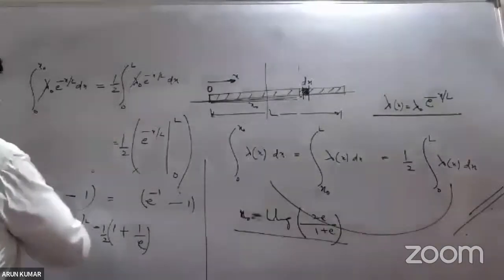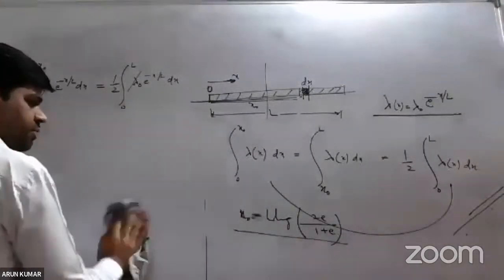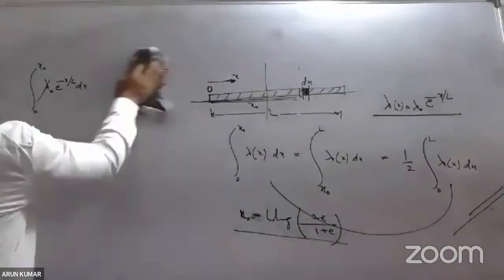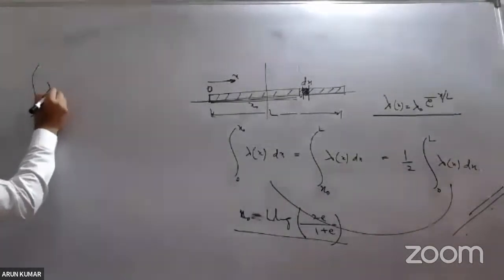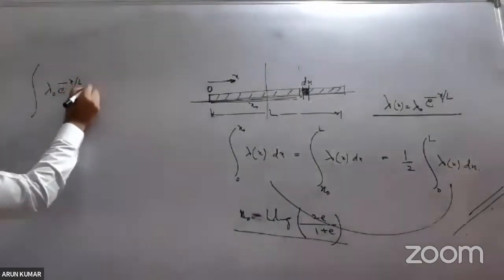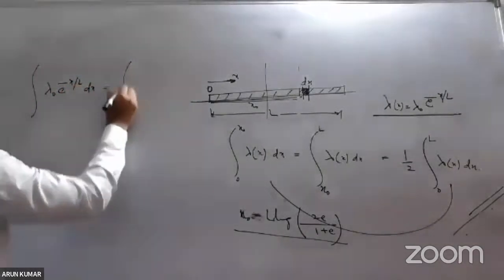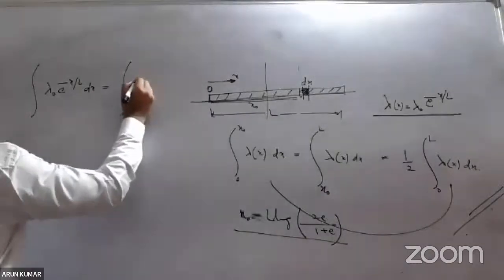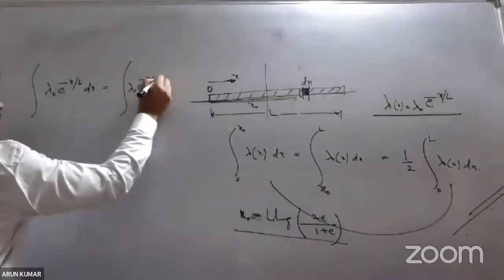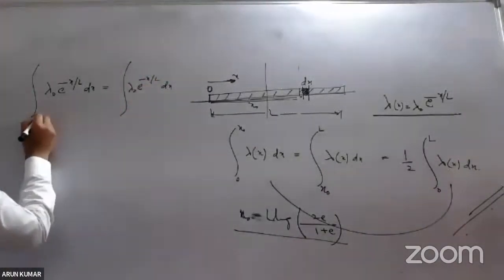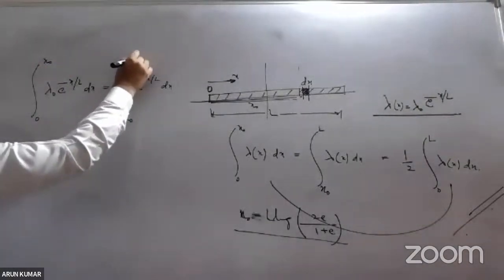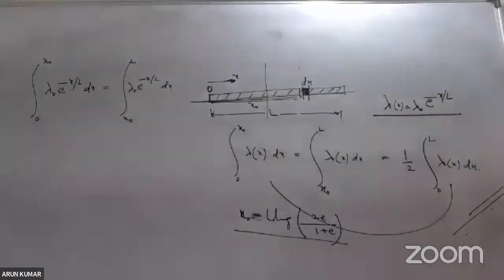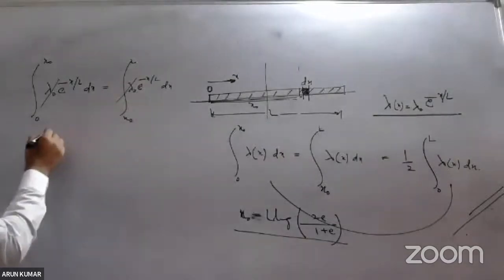So we've got the integral of lambda naught into e power minus x by L dx from 0 to x naught, which should be equal to the integral from x naught to L. So lambda naught again gets cancelled out.